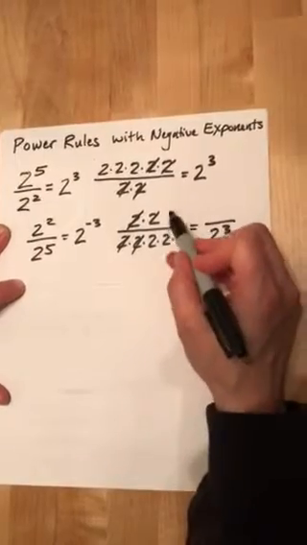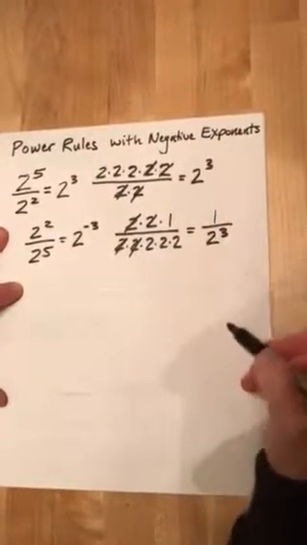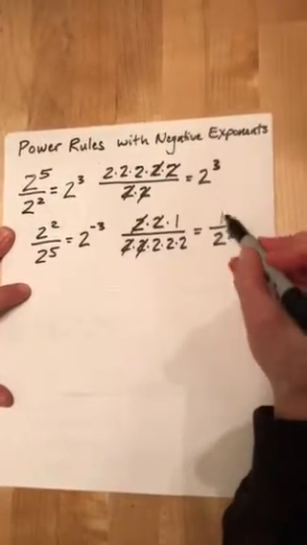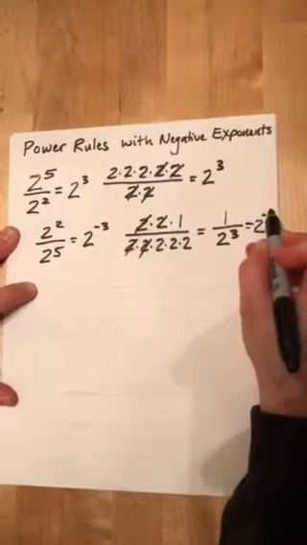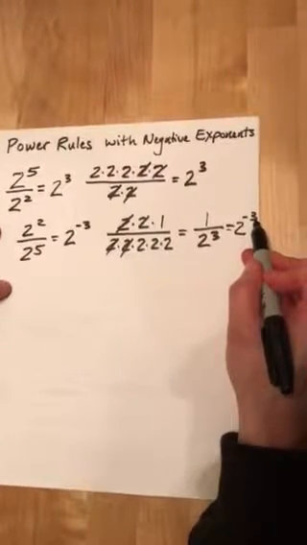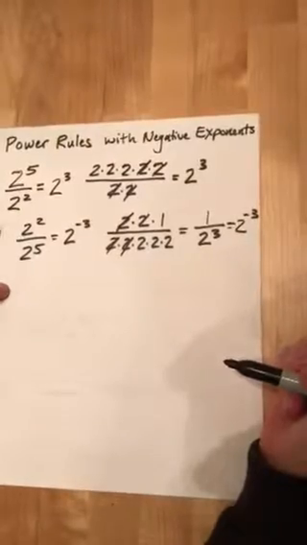Well, we have to have something in the numerator, so we can say that this is being multiplied by 1. So that would be 1 over 2 to the 3rd. And so another way to write 1 over 2 to the 3rd is 2 to the negative 3. Anytime you see a negative exponent, it really means that we're dividing by 2 to that positive power.